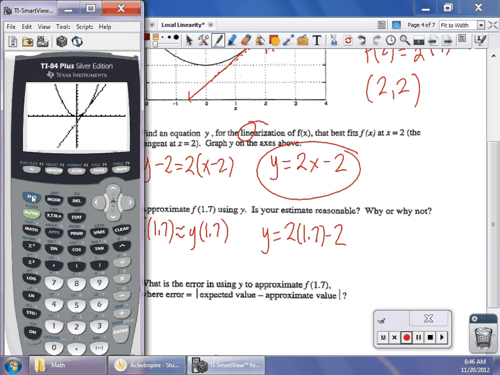I'm going to do a second calc value, 1.7. Let's see. That's telling me, and you have to be careful, that's y1. So 1.445 is the actual real deal y value on the curve. Now, if you arrow down to the tangent line, you see that the output is 1.4.